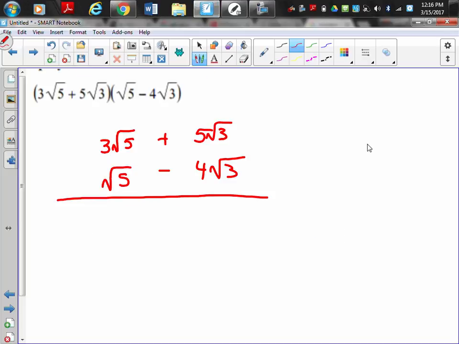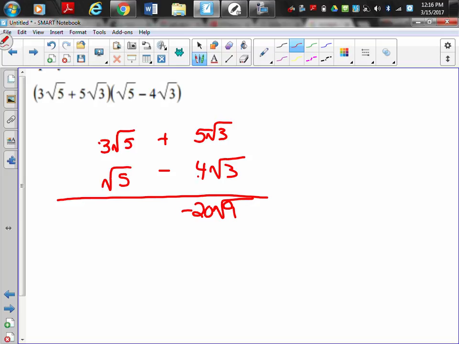So you multiply your coefficients: negative 4 times positive 5 is negative 20. Under times under, 3 times 3 is 9. Alright, you do the same thing.